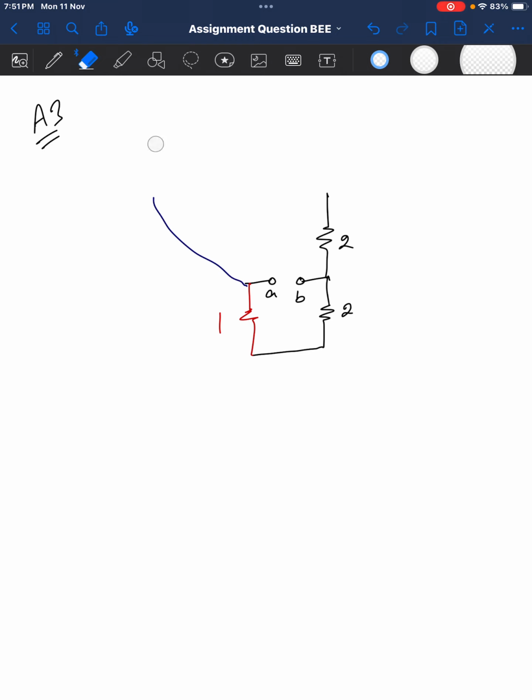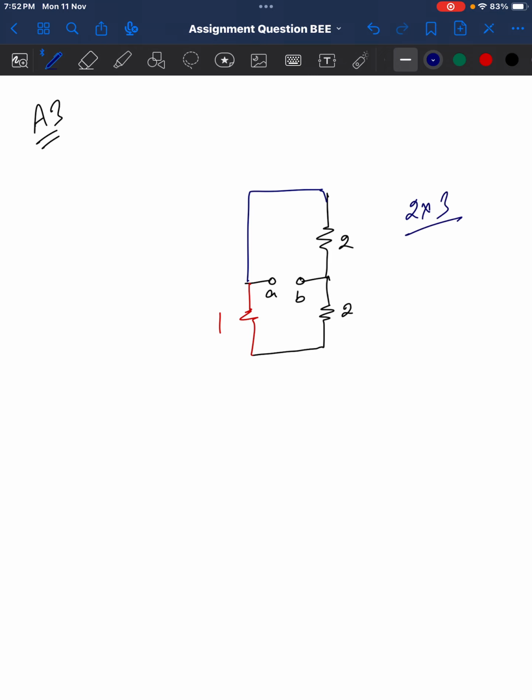So I can redraw that: one side is 2 ohm, the other side is 3 ohms. Together the equivalent resistance is 2 into 3 by 2 plus 3, that is 6 by 5 ohms. So RAB is equal to 6 by 5 ohms.